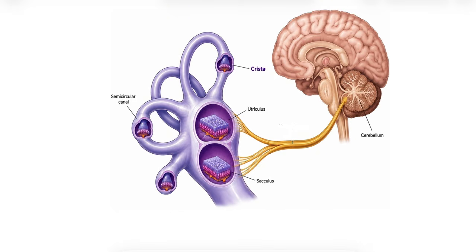All right? So all this is happening in the inner ear. Like we said before, we have cristae. There are many inside the semicircular canals, and these are stimulated by changes in speed and in direction of movement.